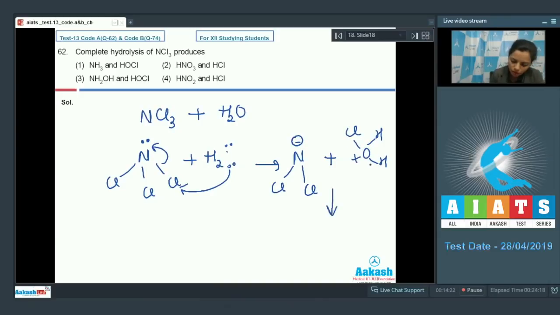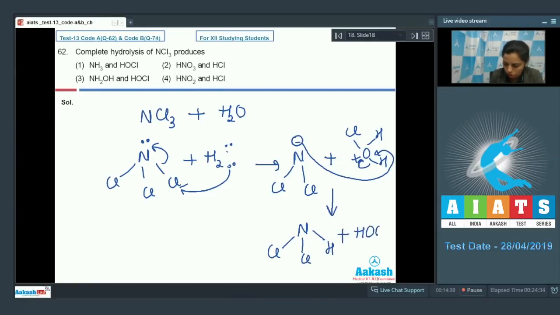This is unstable. Now further, there is the formation of this product along with HOCl. This way it is formed.